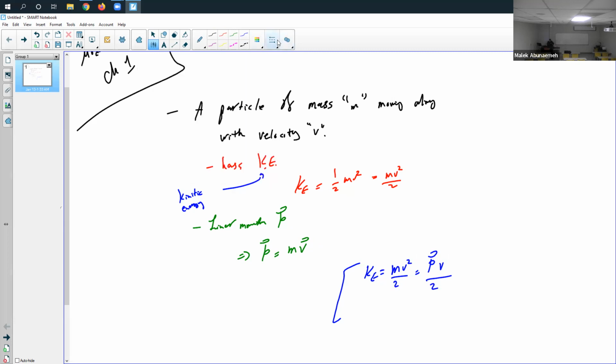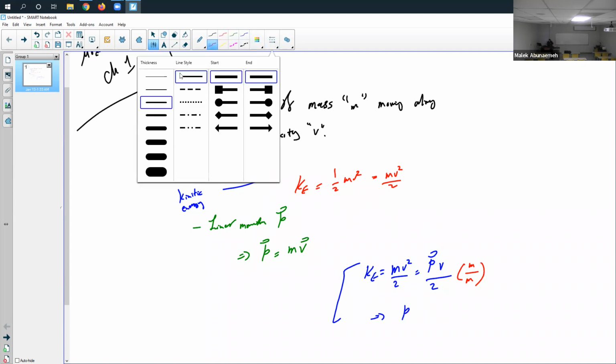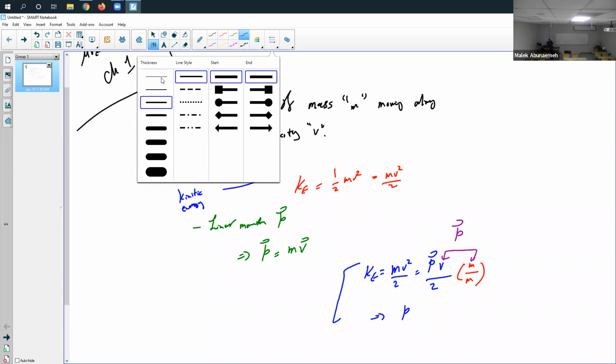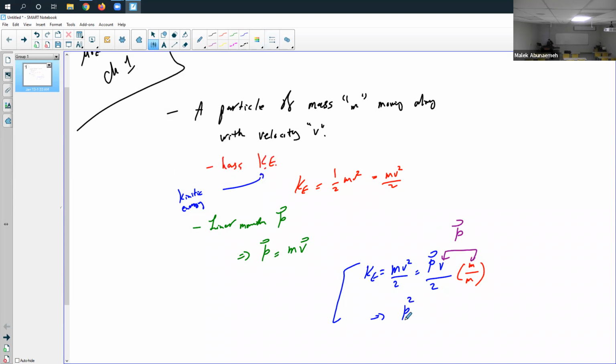Well, if we multiply both the upper and the bottom with your mass, what are we going to have? Your mass times your velocity, again, that's your momentum. So basically, you get your momentum squared over 2m. So your kinetic energy is your momentum squared over 2m.